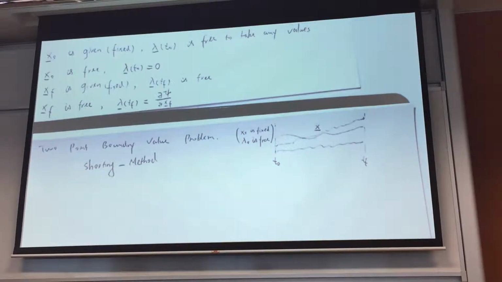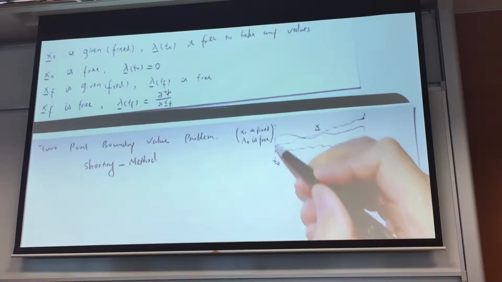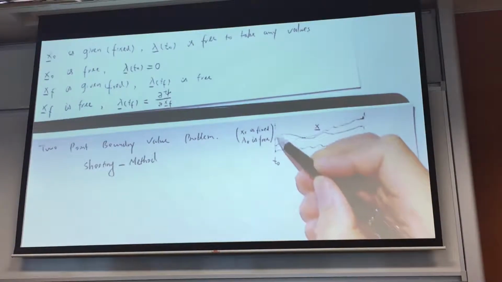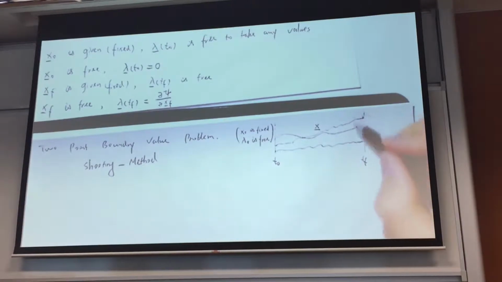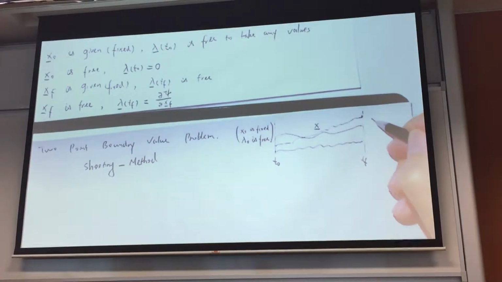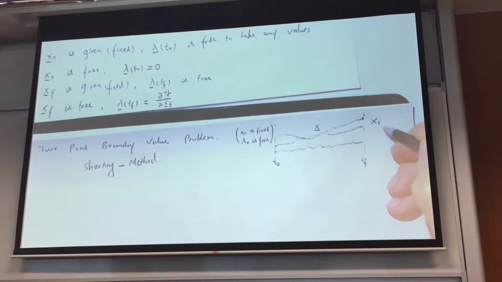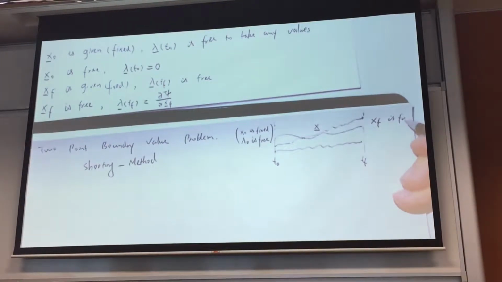The shooting method means you shoot from different starting points until you hit the destination. Remember in the last example, we have our xf, and this one is fixed.